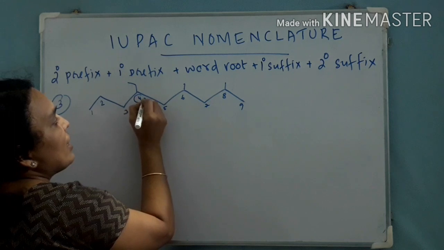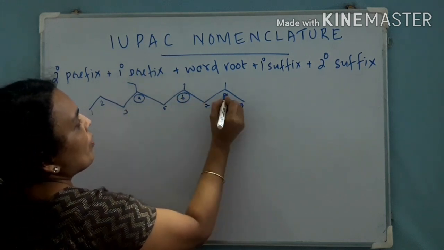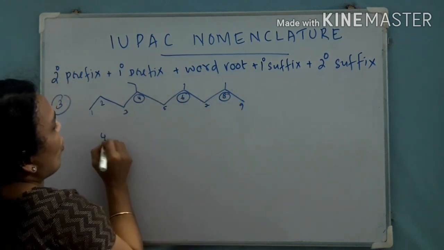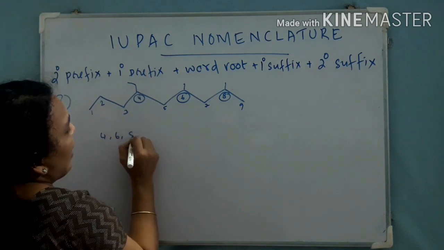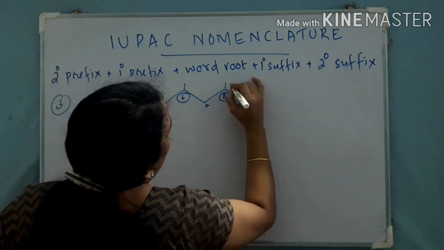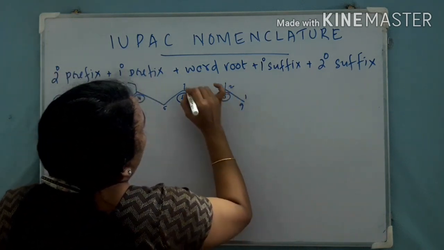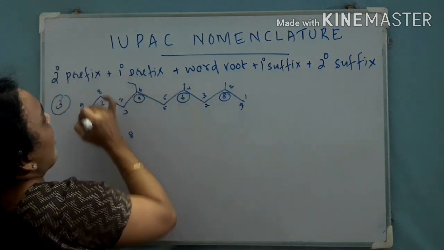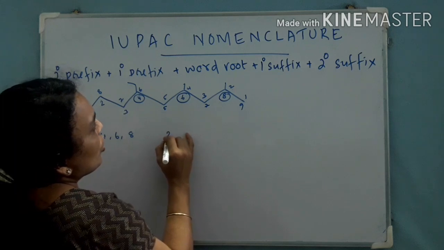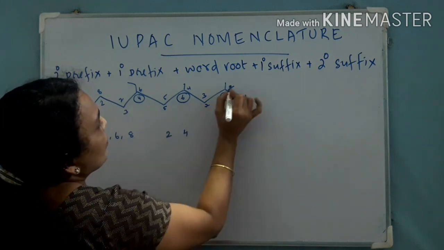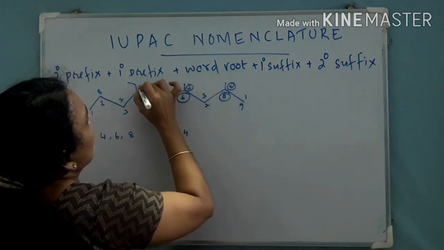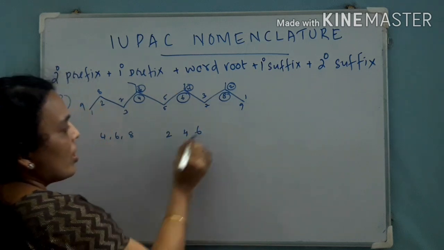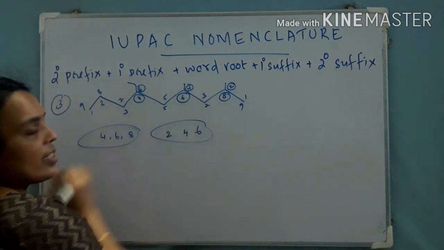Suppose if we are numbering in this way, we will get substituent in the position 4, 6 and 8. Suppose if we are numbering in this way, 1, 2, 3, 4, 5, 6, 7, 8, 9, substituents are in the position 2, 4 and 6. So which set is lower set?